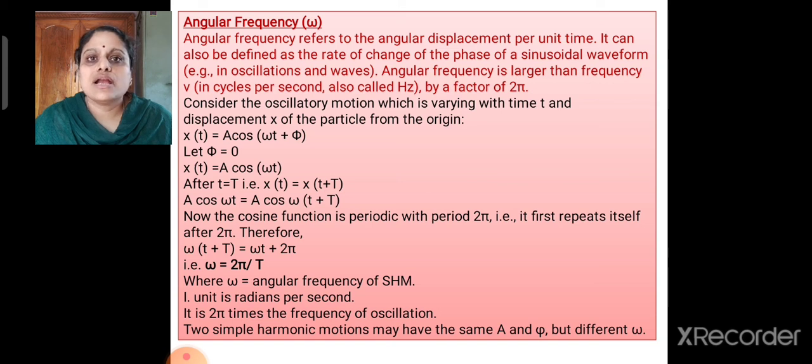Then A cos omega t must be equal to A cos omega (t + T). That is, omega (t + T) must be equal to omega t + 2 pi for these two equations to be equal, or omega = 2 pi by T, where capital T is the time period.